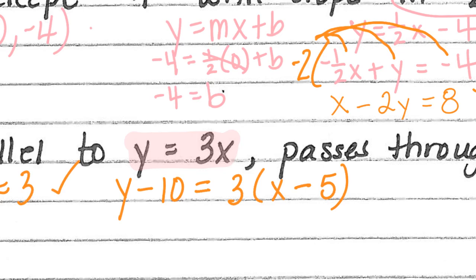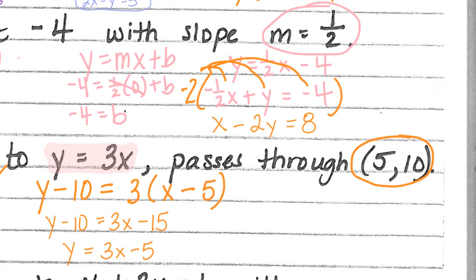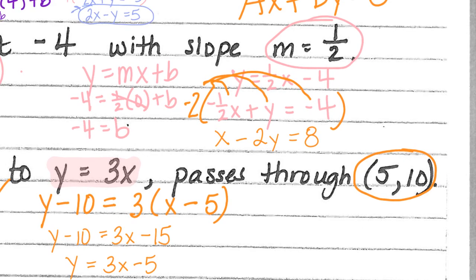And let's go ahead and distribute. y minus 10 is equal to 3x minus 15. And when I bring the 10 over, y equals 3x minus 5. Is that what they're asking for? Nope. They're asking for standard form.